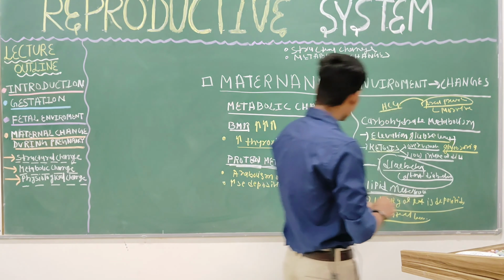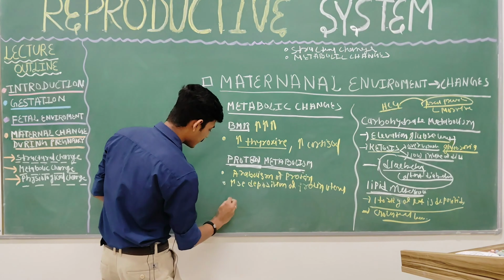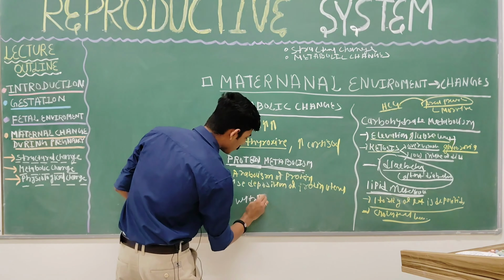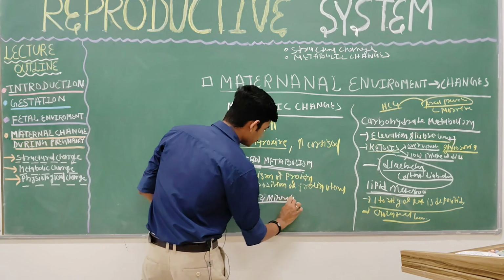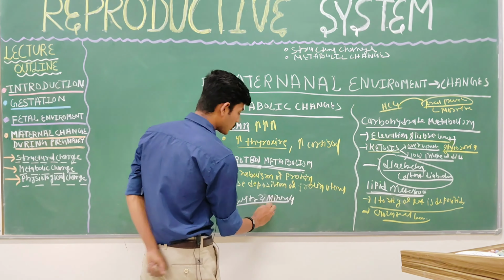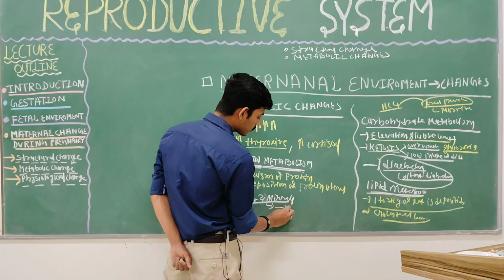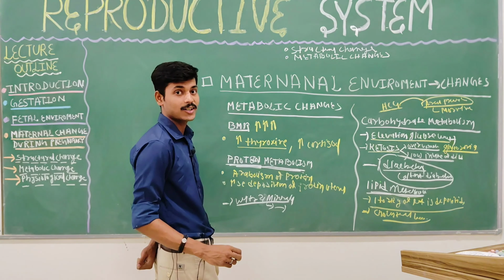Now if we talk about water and minerals, because of the high secretion of progesterone, which works on the kidney, there is a hormone called aldosterone.